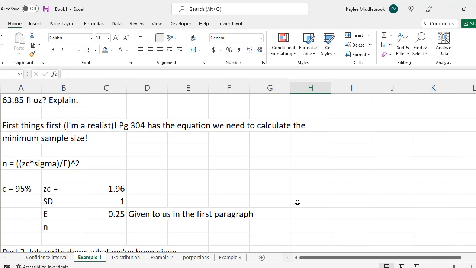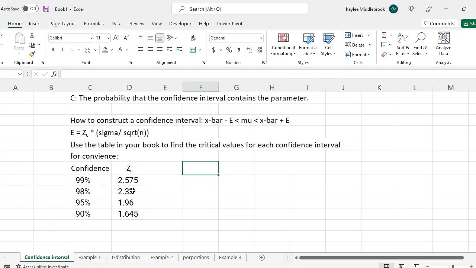First things first, page 304 has the equation that we're going to use to calculate the minimum sample size, where n equals your critical value times the population standard deviation divided by your error, and then all of that is squared. I found the confidence level, which was 95%, went back to our little table here, and found the critical value, which is 1.96.